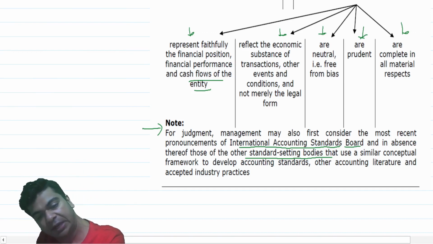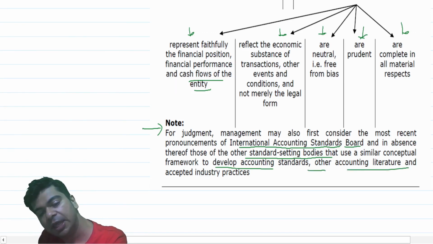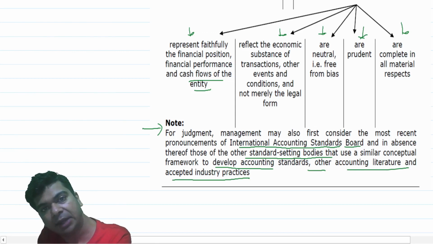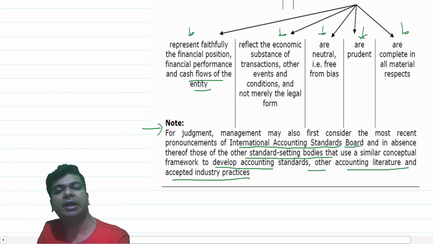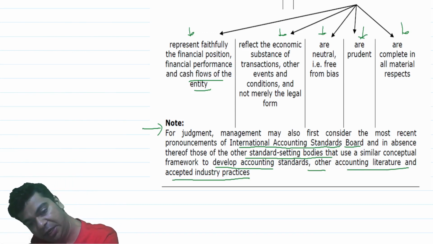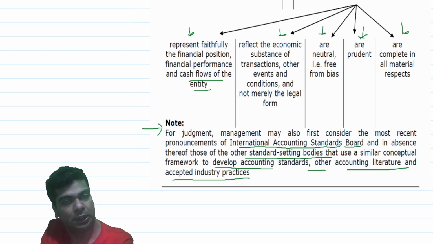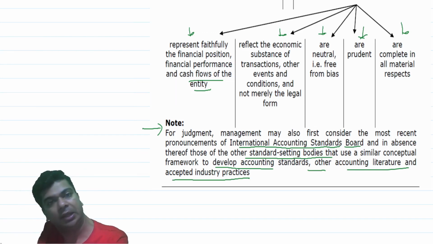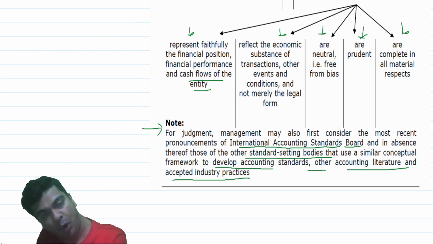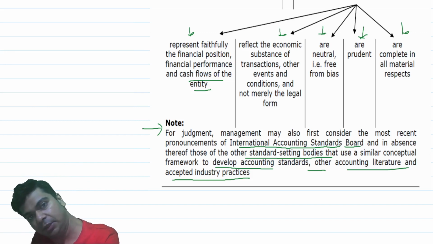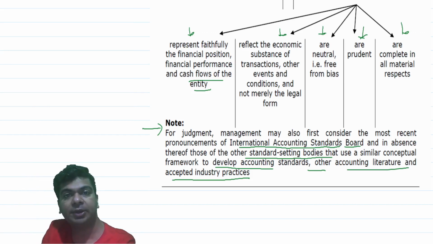That use a similar conceptual framework to develop accounting standards, accounting literature, and accepted industry practices. Ultimately, at the end of the day, it will fall under the industry practice. It's quite possible that there is an item for which there is no developed accounting standard, but there is a well-developed industry practice.